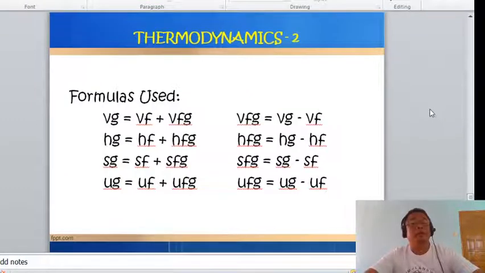For the formula, class, the specific volume of the gas is equal to the specific volume of the liquid plus the specific volume of the mixture, and so on and so forth. The same, class, for enthalpies, entropies, and internal energies.